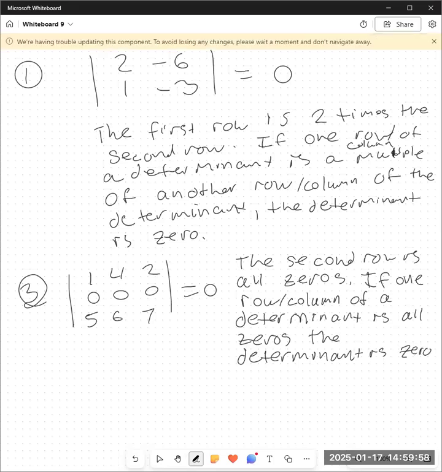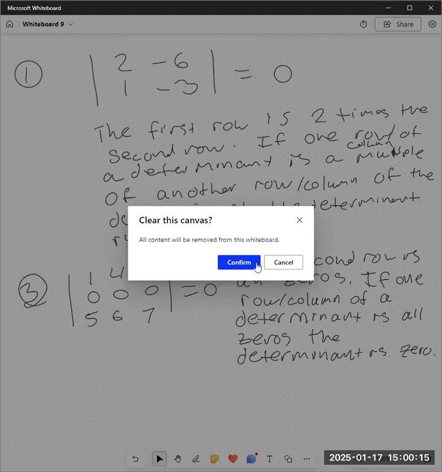That'll make more sense when we do expansion with minors and cofactors here in a little bit. So go ahead and look at number 5. It says that we start off with 1, 3, 4, -7, 2, -5, 6, 1, 2.